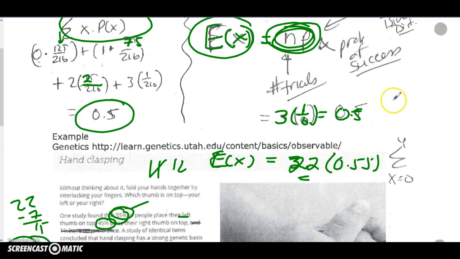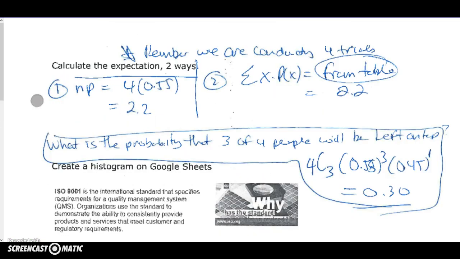I think that is actually 12.1. So 22 times 0.55 is 12.1. So that's your expected value. So in a class of 22 kids, if I asked how many people are left-thumbed, the answer should be 12.1. Okay, let's keep going and do a couple more if we have time.